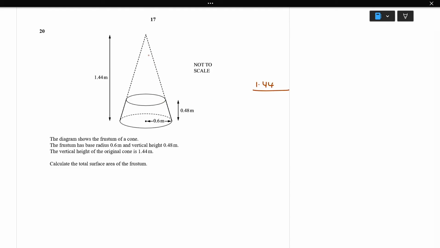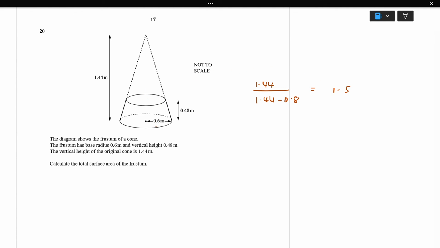For the small cone, the height is going to be 1.44 minus 0.48. This gives the scale factor between the big one and the smaller one, which is 1.5.